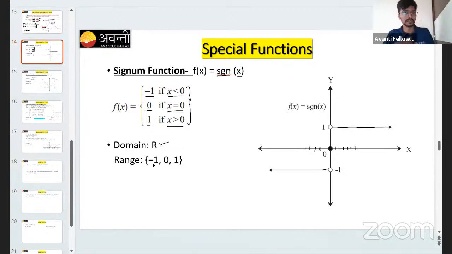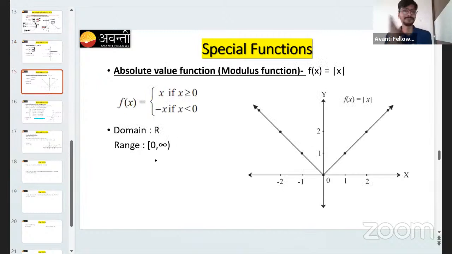Now let's move forward and look at the second function, which is the most important, and you have heard it so many times from the 8th, 9th, 10th standard, which is known as the modulus function or absolute value function.